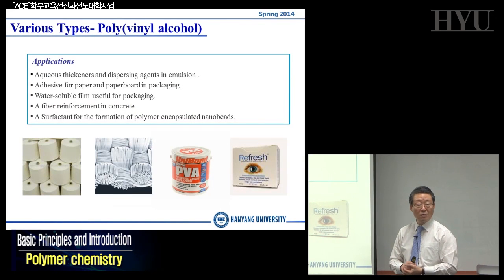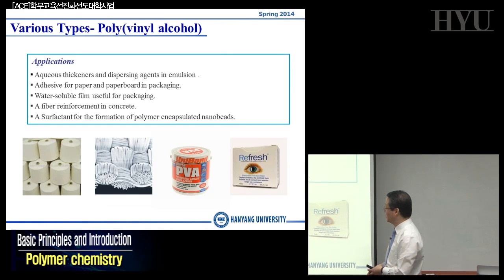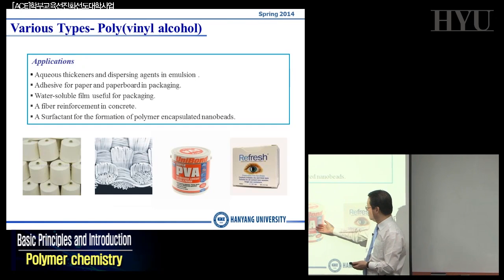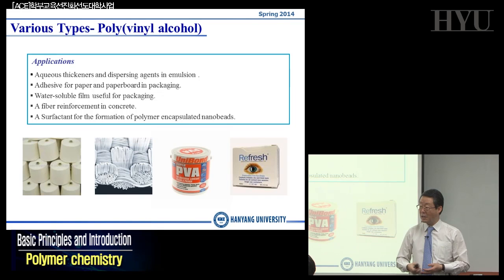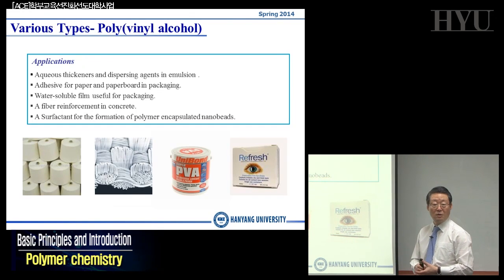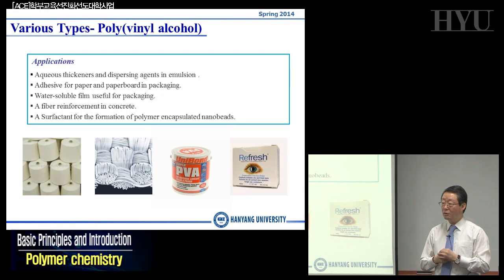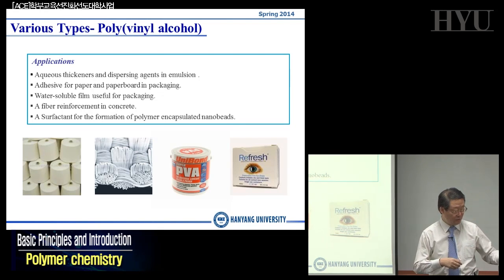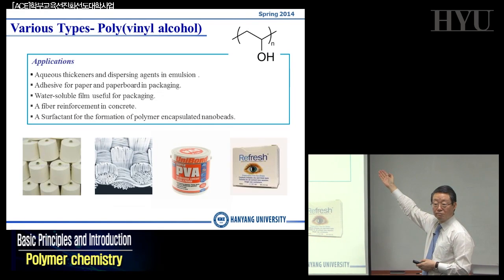Using polyvinyl alcohol, this is the third example, you can make a coating material, such as, I'm sorry about the example from the US, but anyway, this is the glue, white glue. You can make the glue because this polymer has a hydroxyl group.